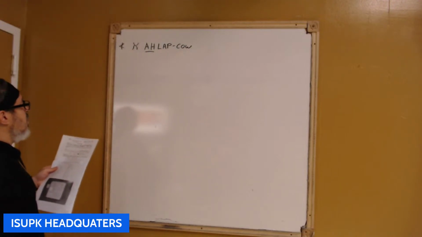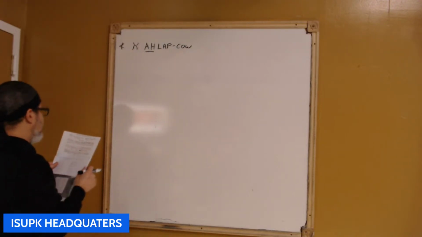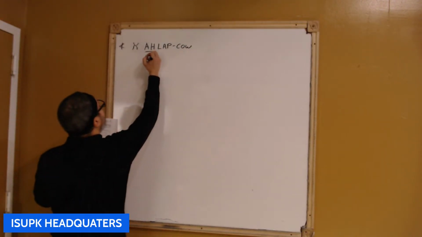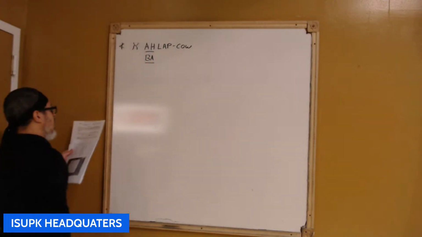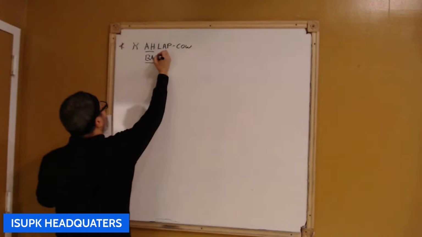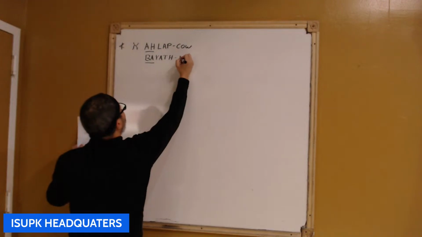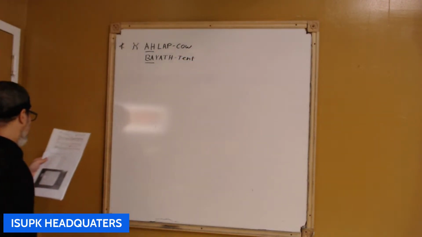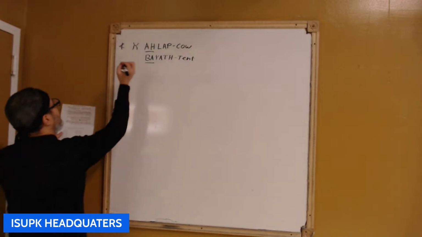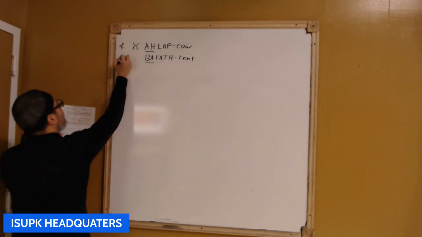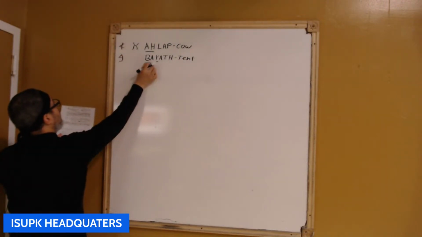Okay. And then the next one we have is the Ba sound. And Ba is actually short for Yath, which is tent. That's the Ba sound.